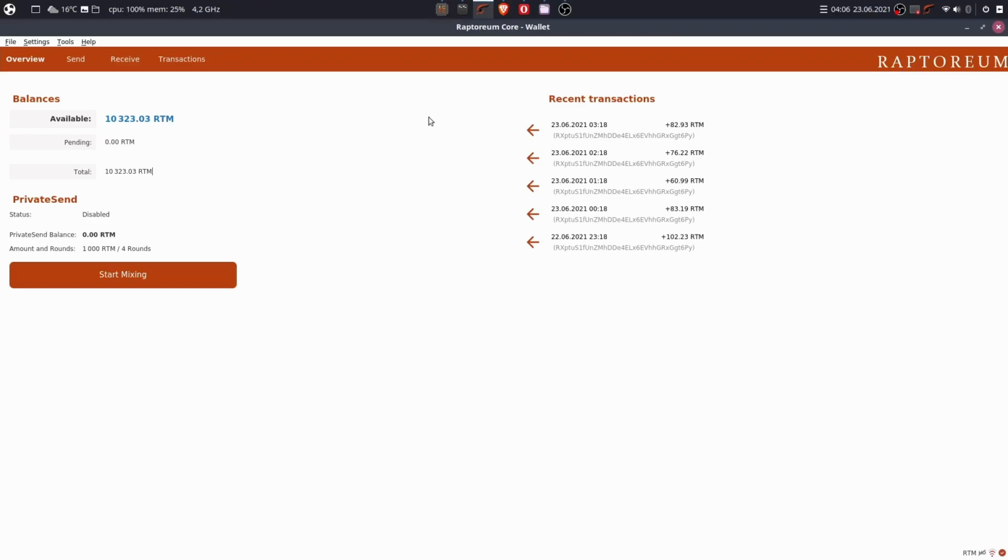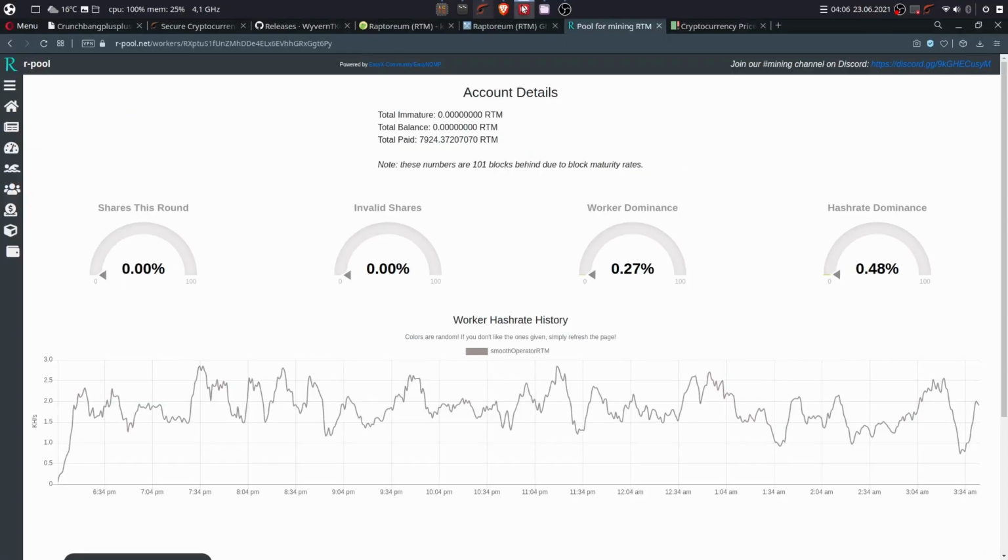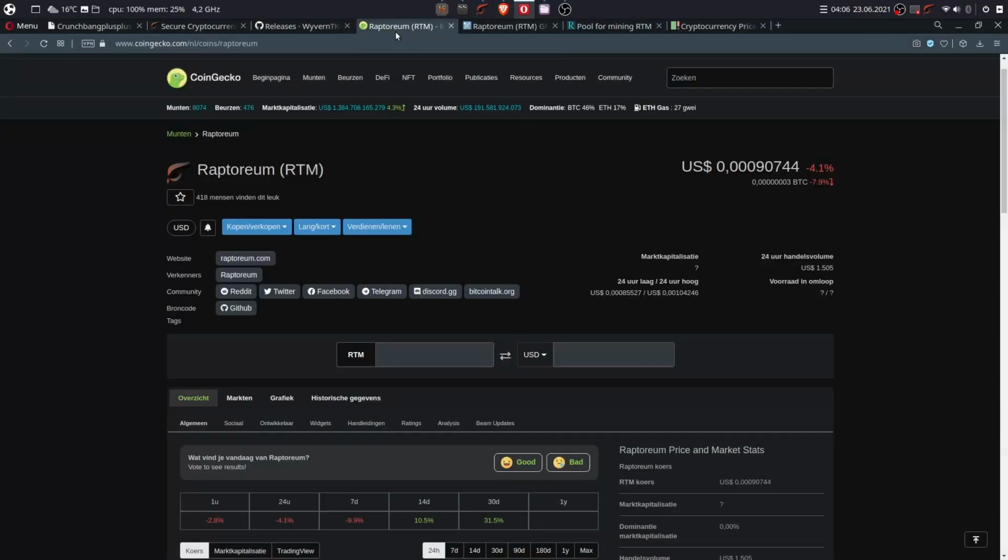If you are curious how much your Raptoreum is worth, you have to take a look at Coinex, where you can check current price of Raptoreum. Unfortunately, Raptoreum is not listed on CoinMarketCap yet.